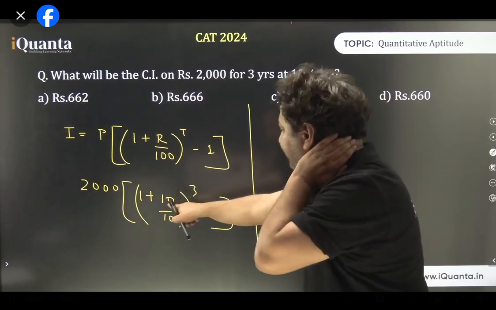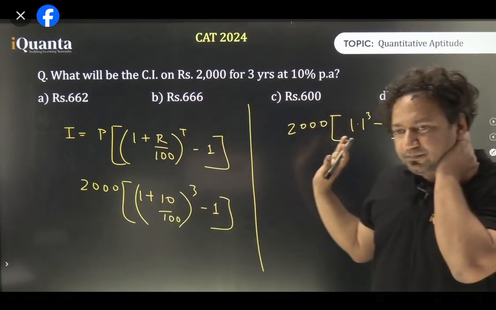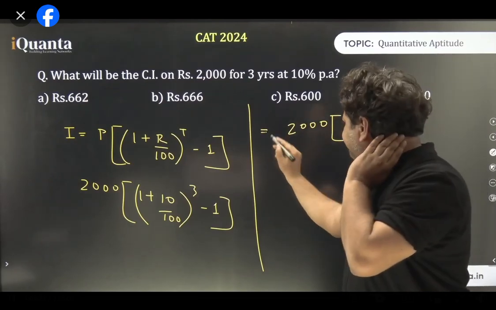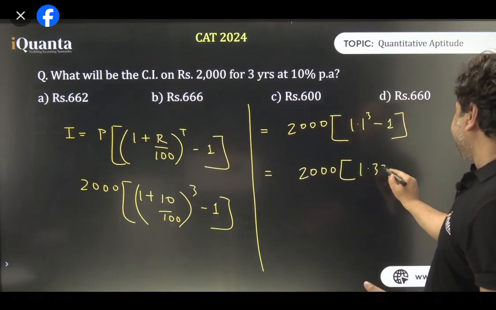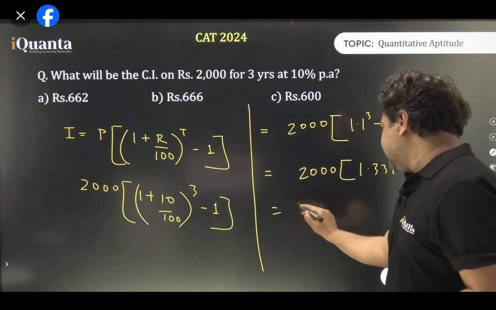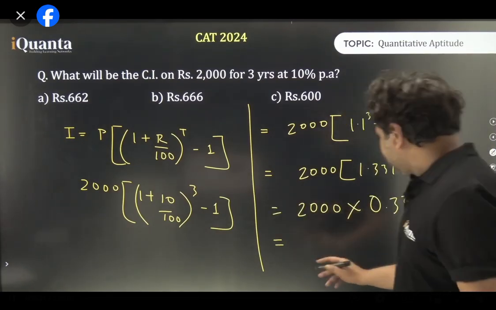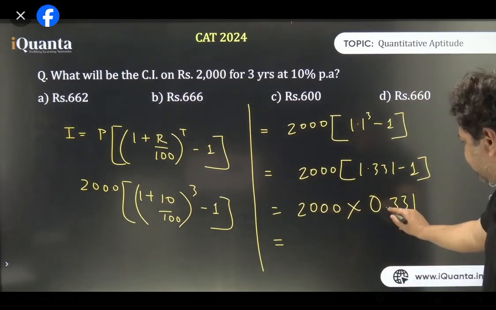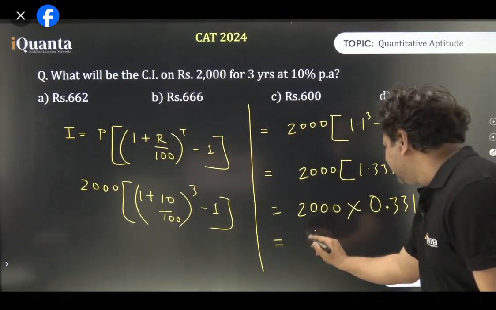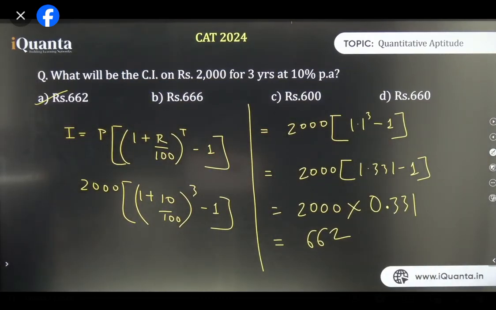Inside the bracket, this is 1.1 cube minus 1. I hope you understand this part, right? We'll come to logic also, Sarthak. Which means 2,000 times 1.1 cube is how much? 1.331. See, I have solved each and every step. And now this adding, subtracting and multiplying. We have 3 zeros, so the decimal shifts by 3 places. I hope you know that. 662 will be the answer. Is that clear?